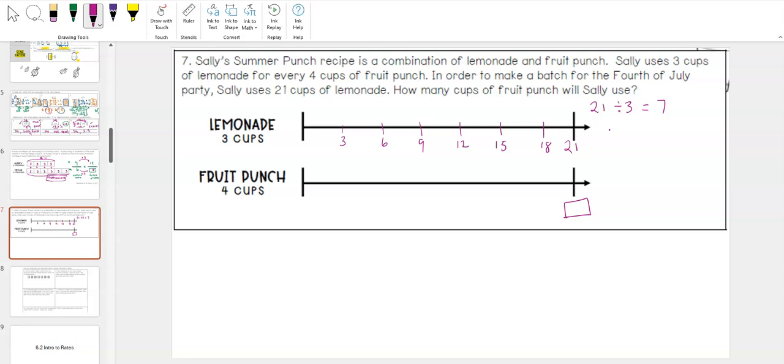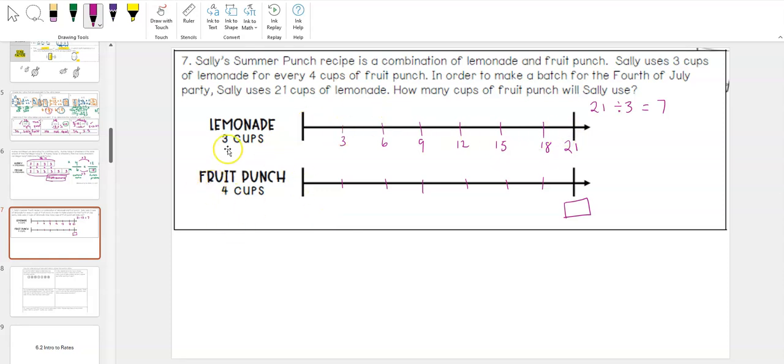Now, because the top part is equal, the bottom part needs to be equal too. So we're also going to divide this into 7 equal pieces, because you can think of it as pouring 7 times. Every time I pour, I pour 3 cups of lemonade and 4 cups of fruit punch, and I'm going to do 7 pours.